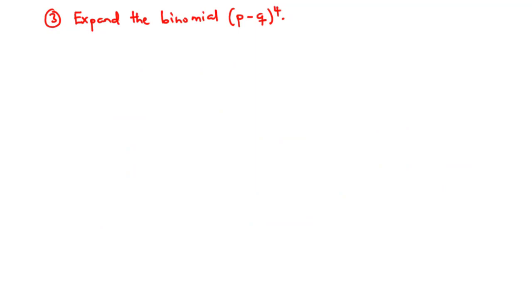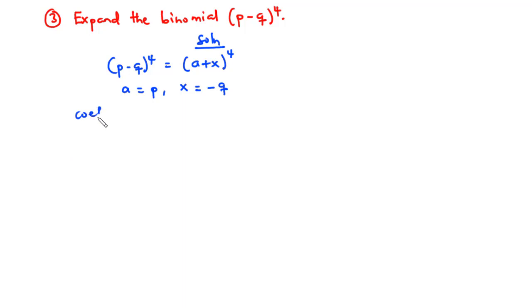So for question number 3, we are to expand the binomial p minus q exponent 4. So let's relate p minus q exponent 4 to the binomial a plus x to the power 4. So we have a to be p, and then we have x to be negative q.